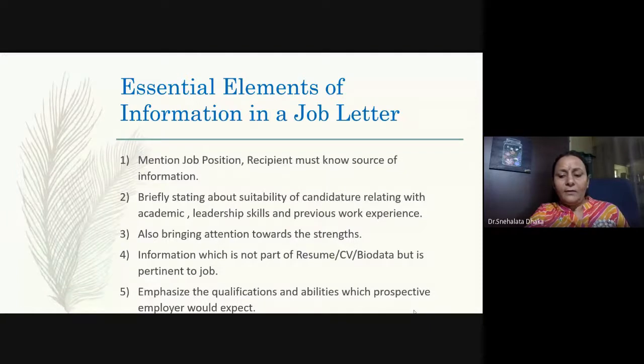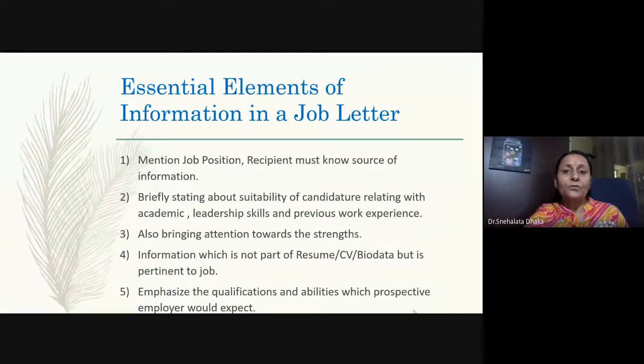And definitely there should be emphasis towards the qualifications and the abilities which the prospective employer is expecting from that applicant.